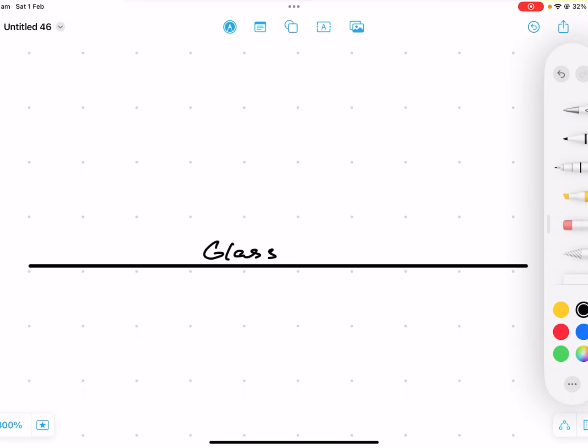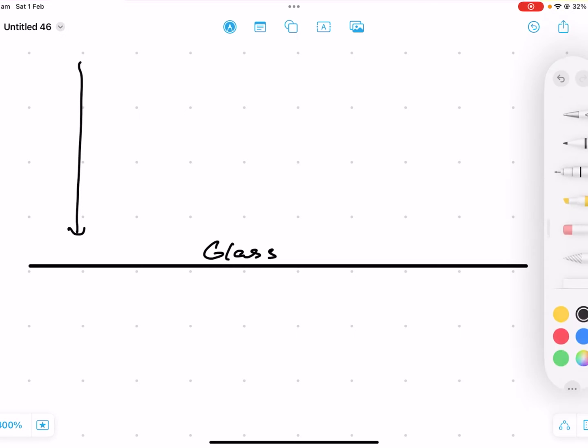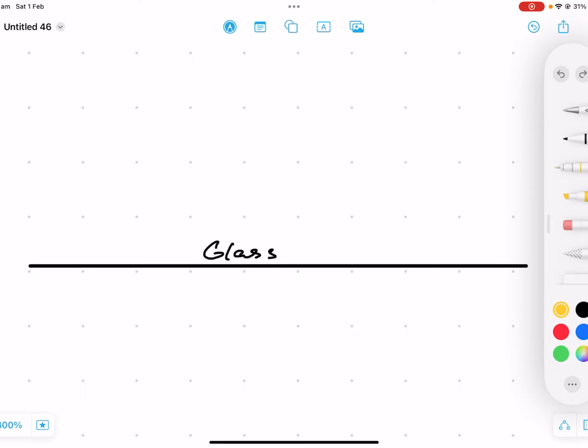Now light enters. If you shine a laser through, the light goes straight through.